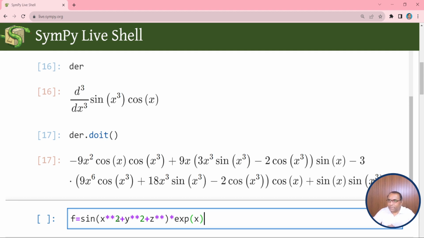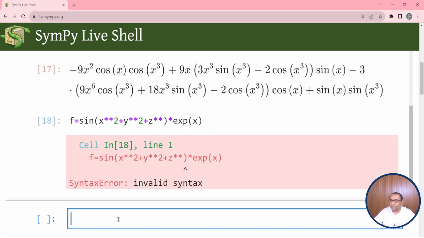Okay, so here I am using these two functions and then enter. There is some error. Okay, the exponent at this place is missing. Now you can see the error, invalid syntax, because this exponent was missing. That's why we have the error.